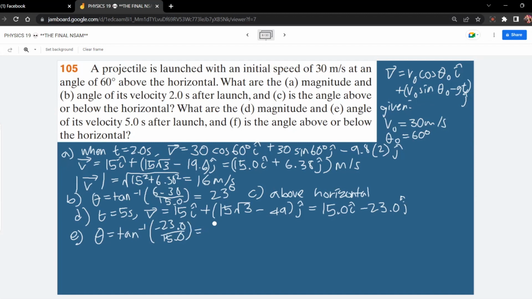At saka yung recommendation ko talaga, don't use negative numbers pag nagta-tangent inverse ka. Kasi may likely na mag-fail yan dahil sa quadrant issues. Here, pag tinanggal mo yung signs, it's just going to be 57 degrees. Tapos and then use your figure to figure out kung anong direction yan, kung above or below.